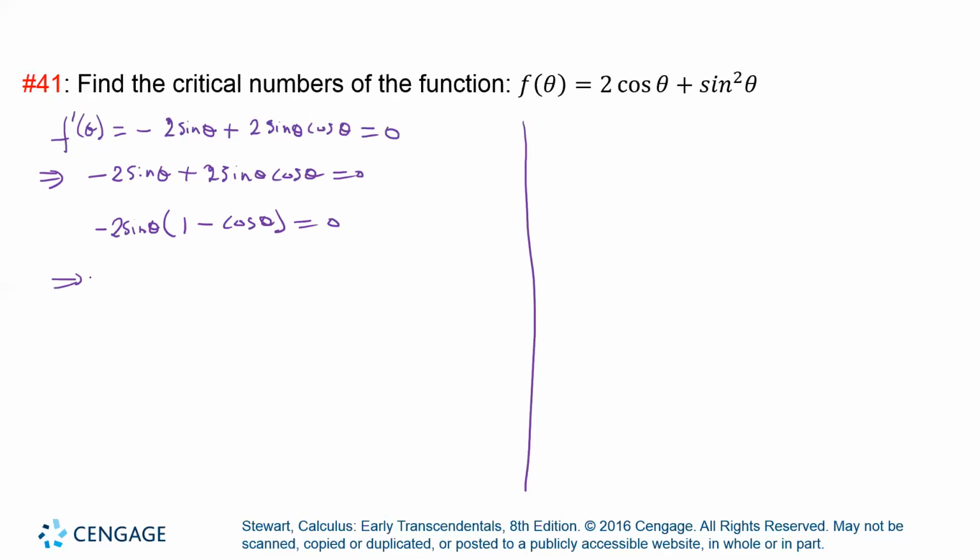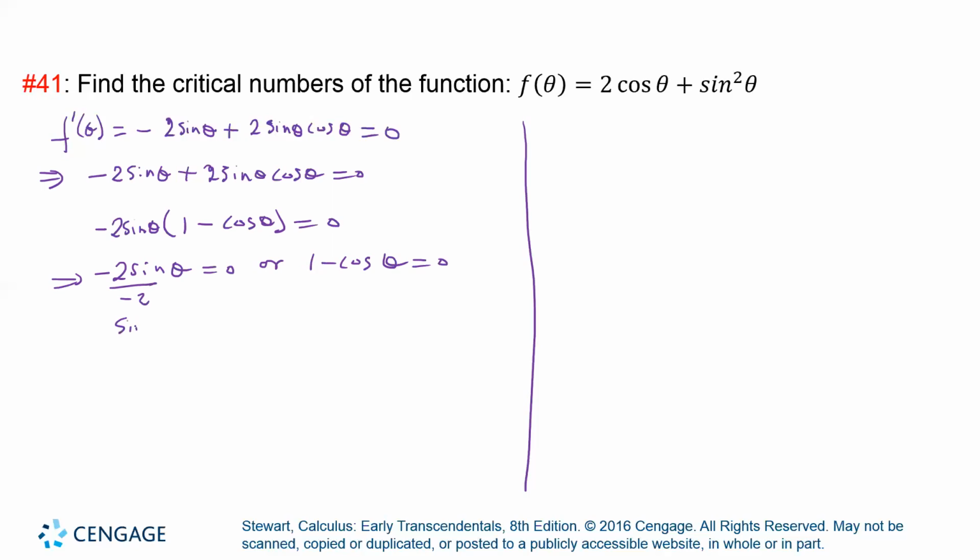So we're going to set both to 0: minus 2 sine theta equal to 0, or 1 minus cosine theta equal to 0. Divide both sides by negative 2.